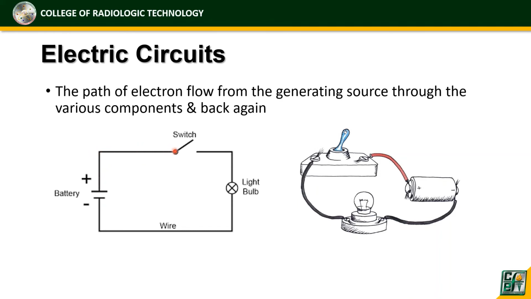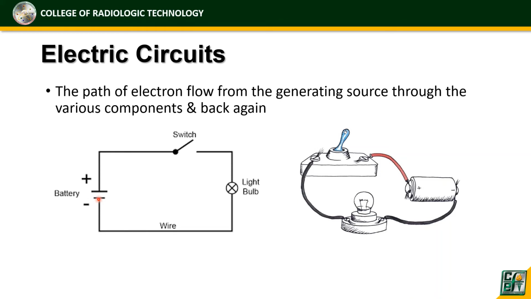Okay? This is the symbol for a switch. Okay? So kapag nakataas siya ay naka-switch off. Pag naka-switch on siya ay naka-lapat. Okay? Then this is the light bulb, the symbol for light bulb. Okay? Then the path, the wire, pabalik siya uli sa battery.